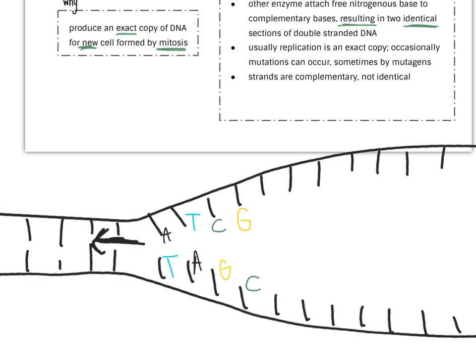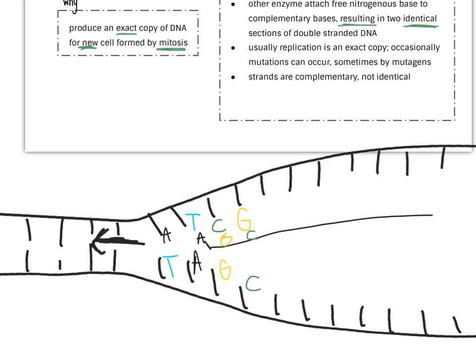A G. But these are no longer paired together, so then a new strand has to come along, squeeze in there, and pair the new bases. So right here, what's going to be paired to this T? An A. What's going to be paired with this C? A G. What's going to be paired with that G?